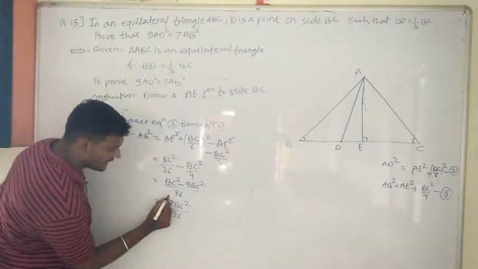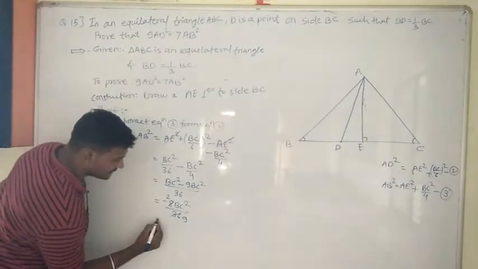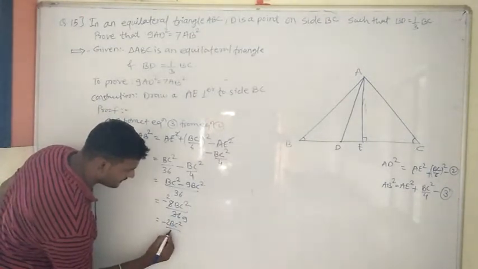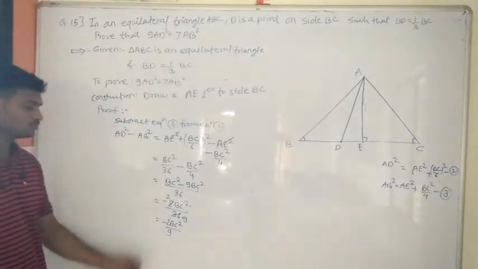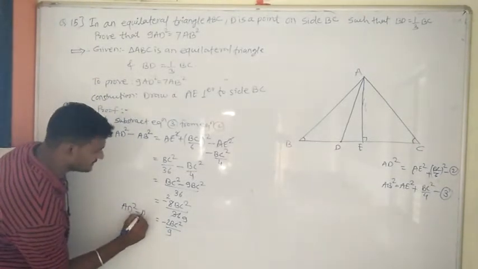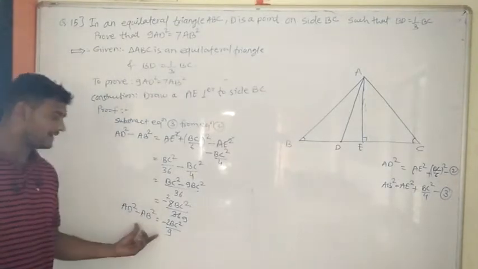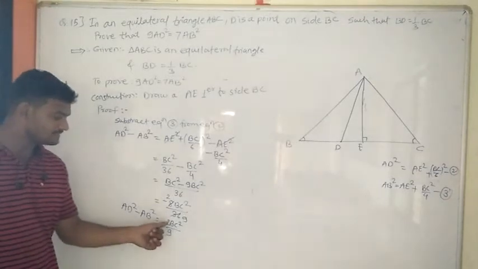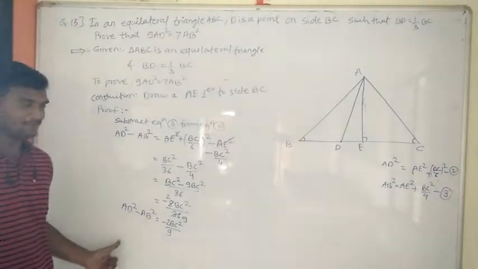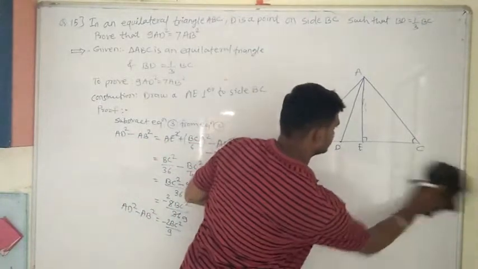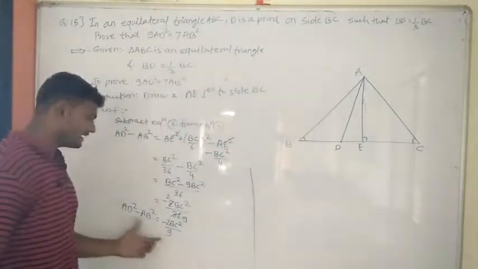4 2s are 8, 4 9s are 36. Therefore, we got minus 2BC square divided by 9, which is equal to AD square minus AB square. AD square minus AB square is equal to minus 2 by 9 BC square. Now send this minus 2 by 9 towards the left hand side.